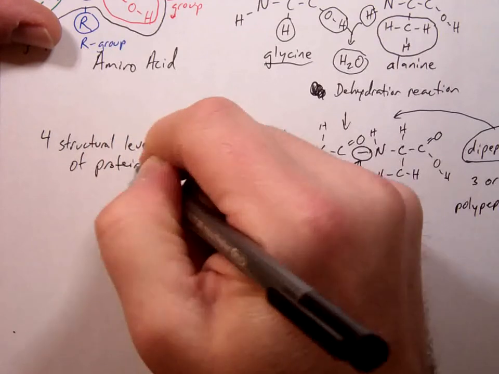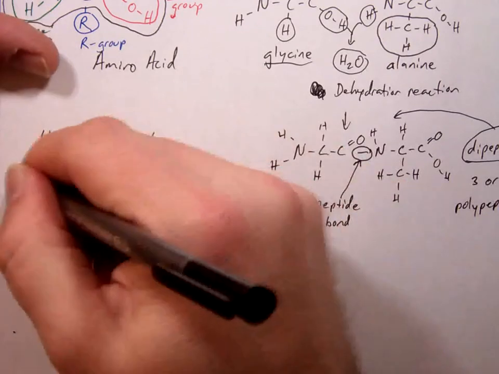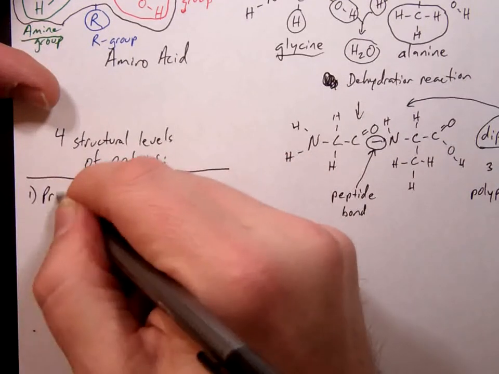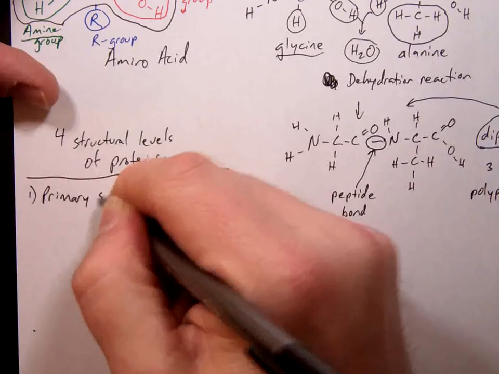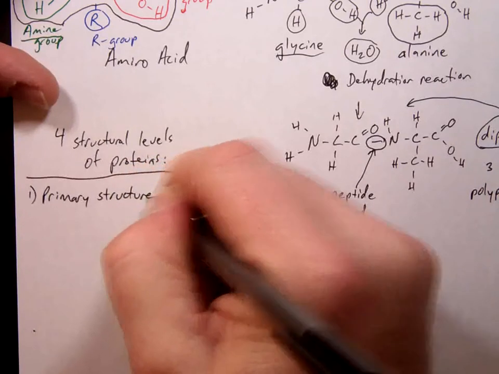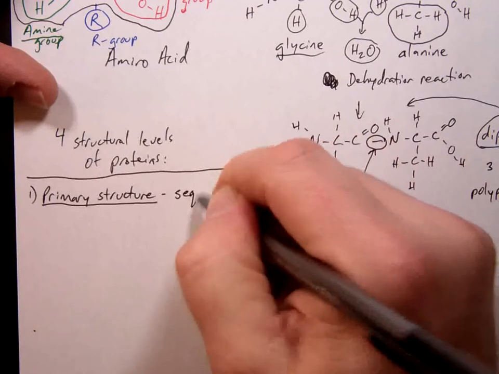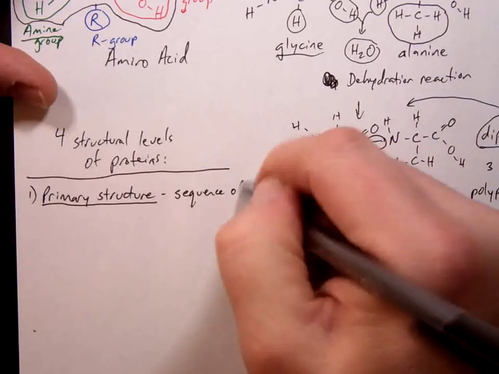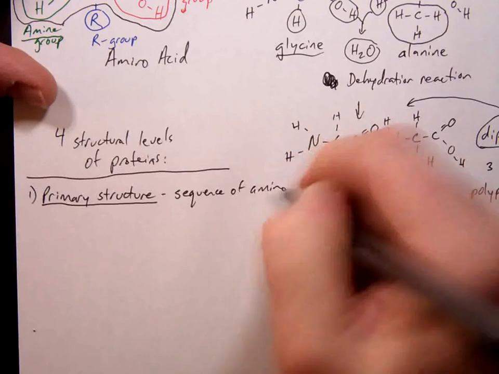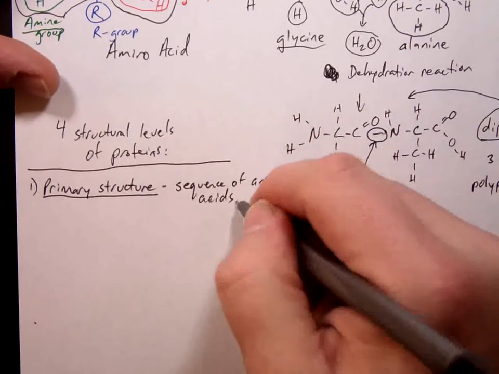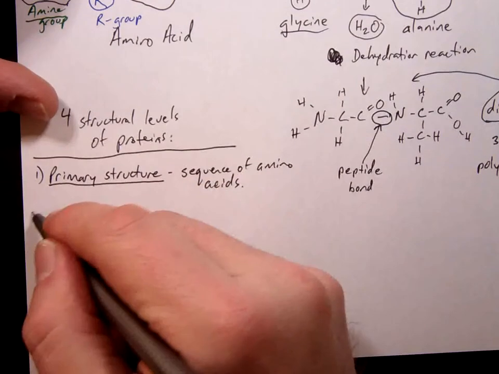Now the first one we just talked about, and that is number one, is called the primary structure, which is nothing more than the sequence of amino acids. After the primary structure, we have the secondary structure.